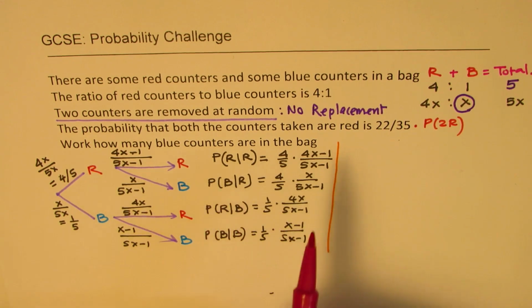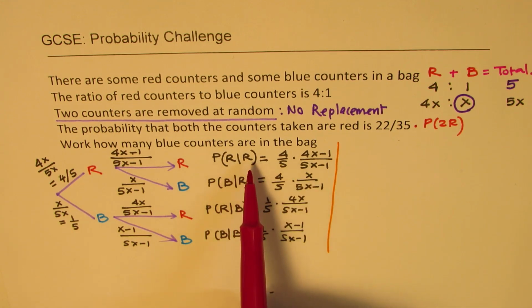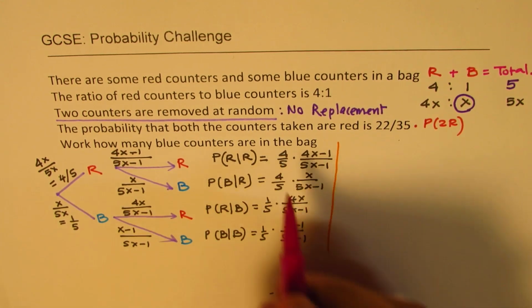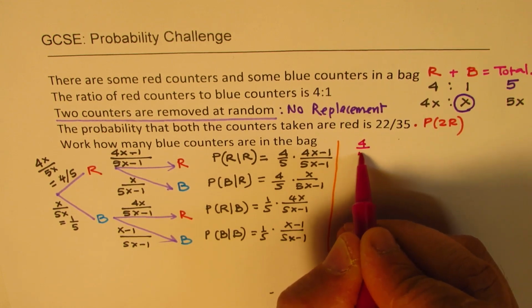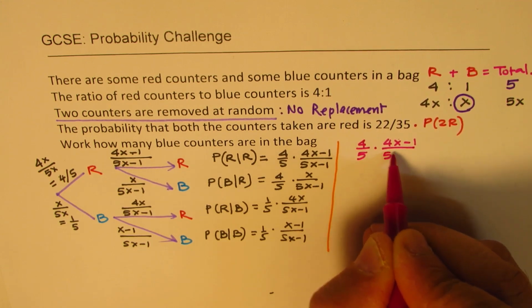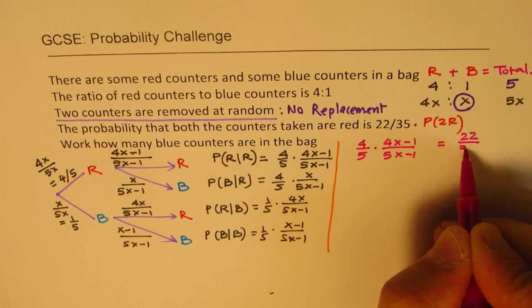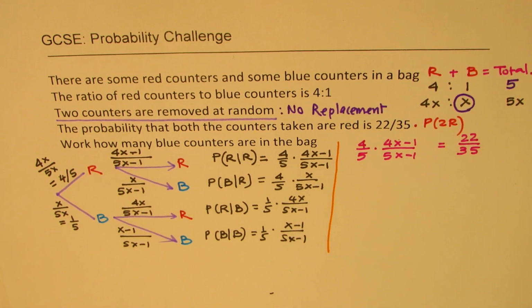Now in our case, if you compare the very first leg of this tree, it tells you both red. And we know for both red, it is 4 over 5 times 4x minus 1 over 5x minus 1, and that should be equal to 22 over 35. Does it make sense to you? Perfect. That is equal to 22 over 35. Clear? That is extremely important, correct, to understand?